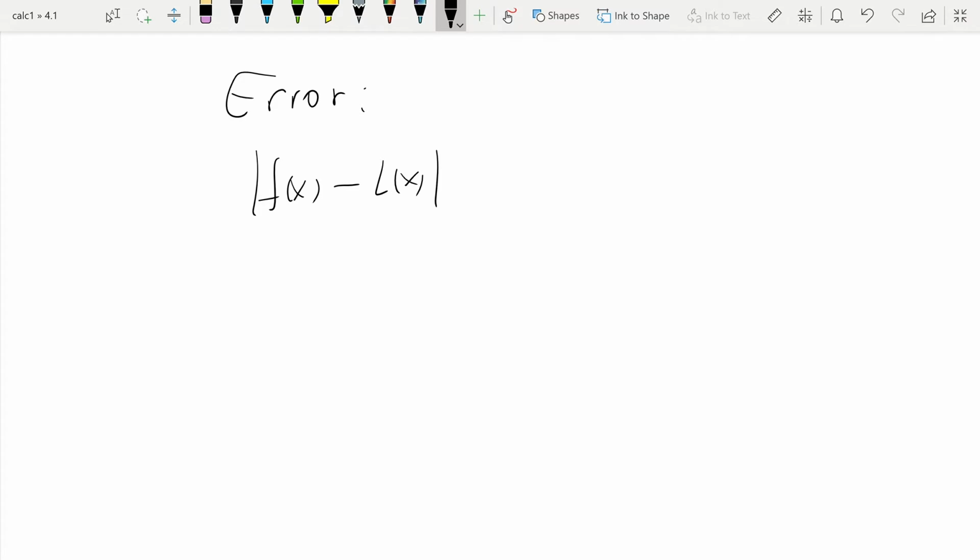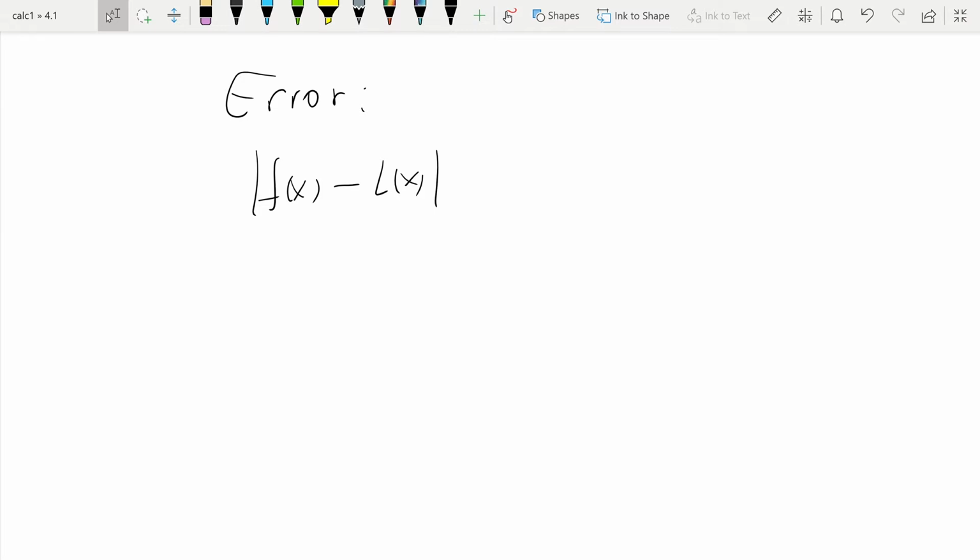And so that's the error that you make in your approximation. Of course, if this is 0, it means that the value predicted by the linear approximation is exactly the same as the value of the function, in which case you're completely error-free.